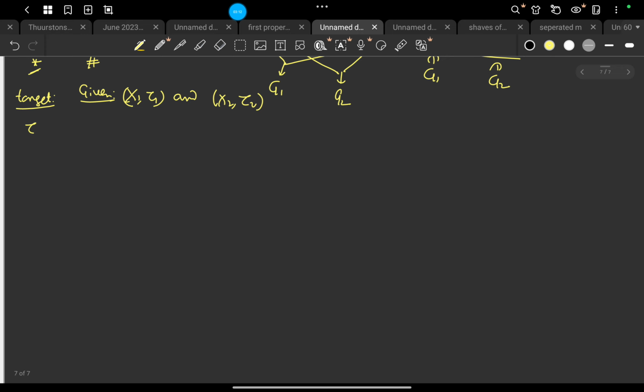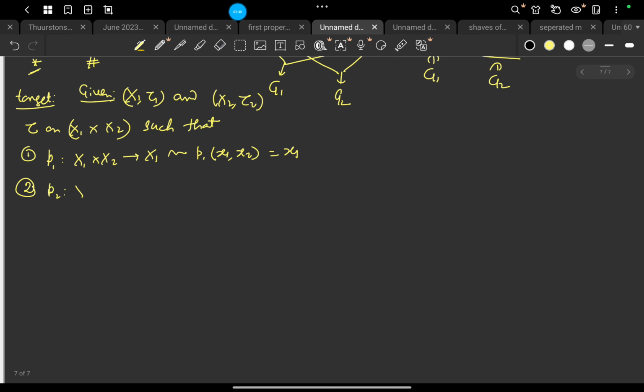Our target is to define a topology on X1 cross X2 such that the first property to be satisfied is the projection, that is, p1 from X1 cross X2 to X1 is a projection map, p1 of (x1, x2) is x1, and p2 is mapping from X1 cross X2 to X2, that is p2 of (x1, x2) is x2.